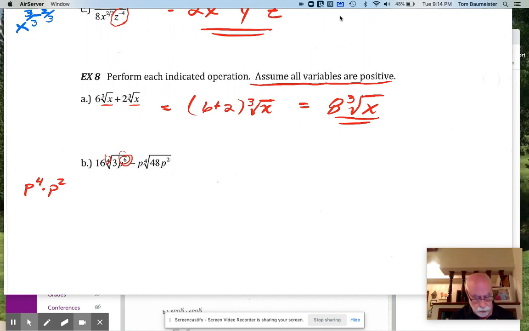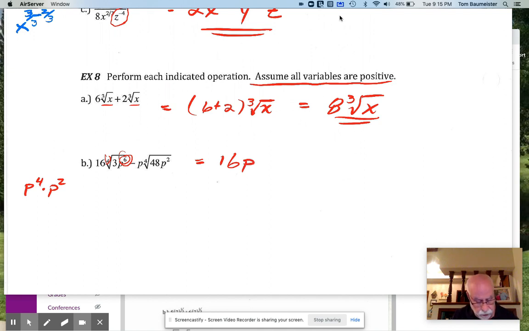All right. So if that's the case, then I can have 16. Again, I'll take this p to the fourth and that fourth, so those will cancel. The fourth root and the 4 exponent cancel each other out. So I'll just have a p there.